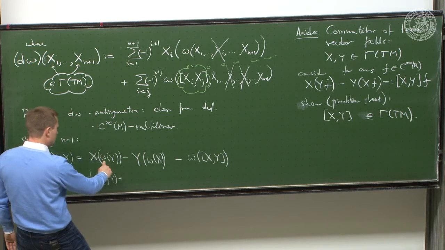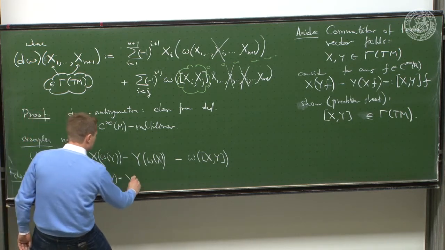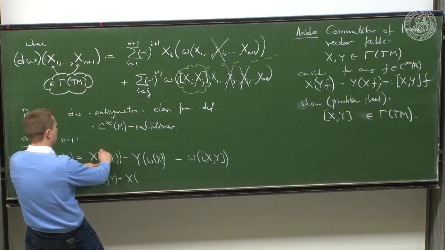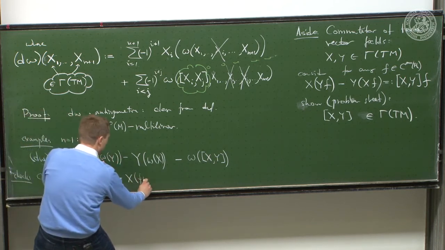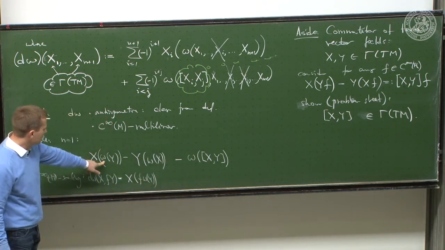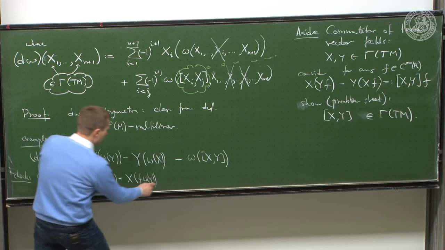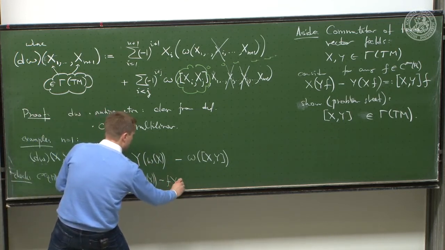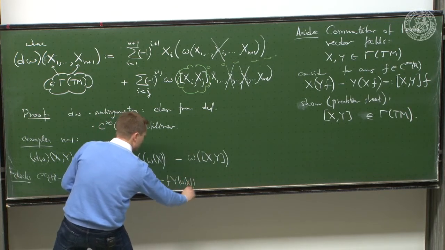Okay, so we plug in here. The Y is scaled. So this is X of omega(fY), but there the f immediately jumps in front. It's f omega(Y). Why? Well, because omega is a covector field. It's, of course, C infinity linear. Minus, well, here the f already is right in front, f times Y omega(X).